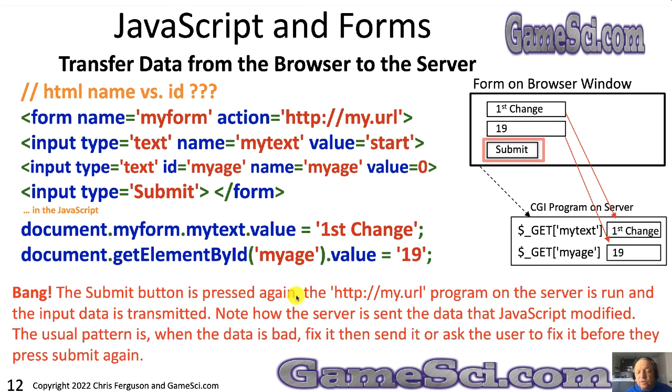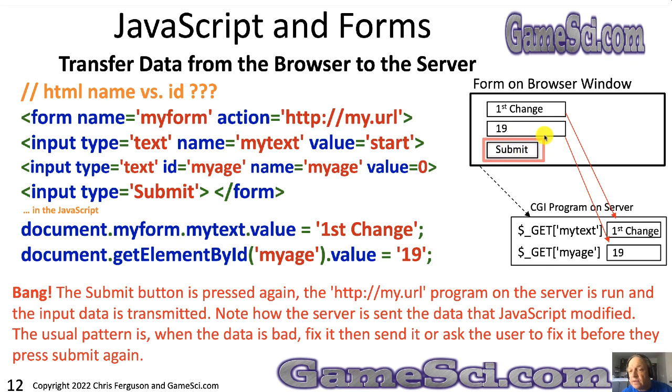Bang! The submit button is pressed again. The HTTP myURL program on the server is run and the input data is transmitted. Note how the server is sent the data that JavaScript modified. The usual pattern is when the data is bad, fix it, then send it, or ask the user to fix it before you press submit again.